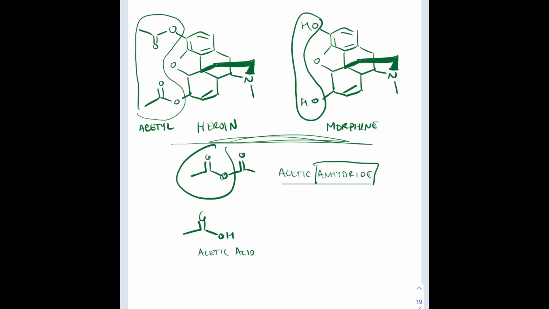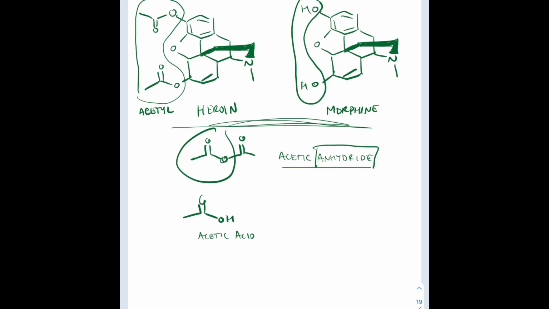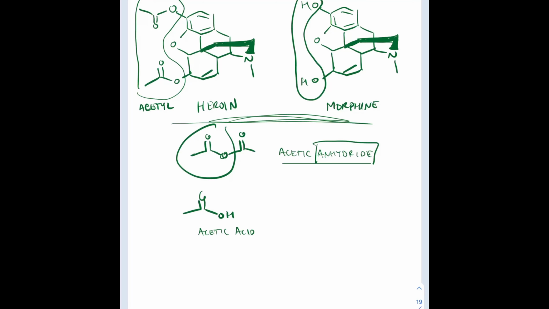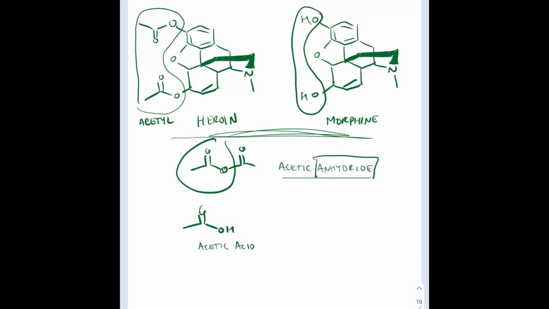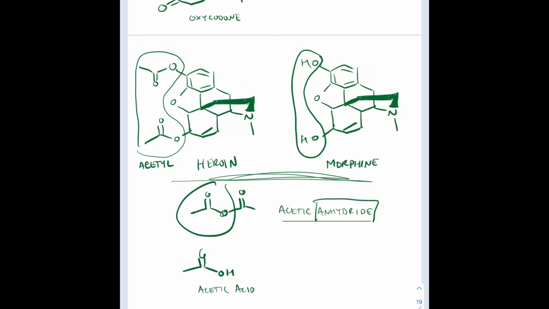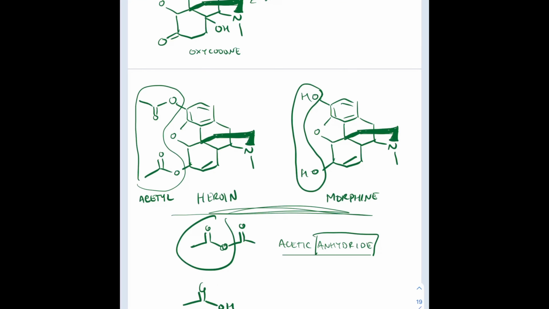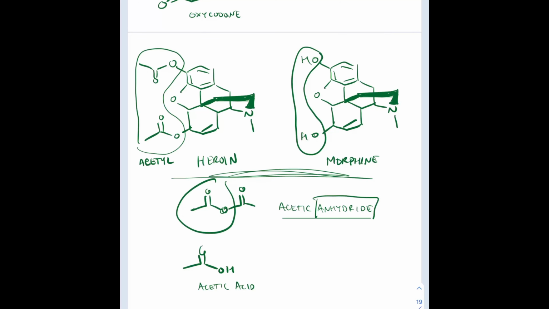So this is acetic acid. This particular acetic anhydride is purchased in basically gallons from a U.S. manufacturing company, and then delivered to Mexico, which they then use to convert morphine into heroin. And so I just saw that article, so that's interesting.